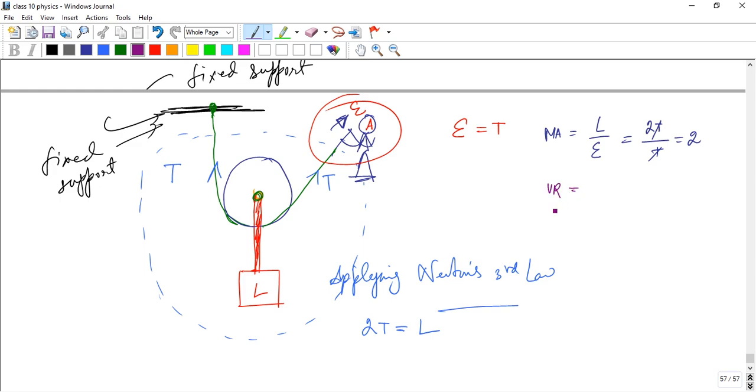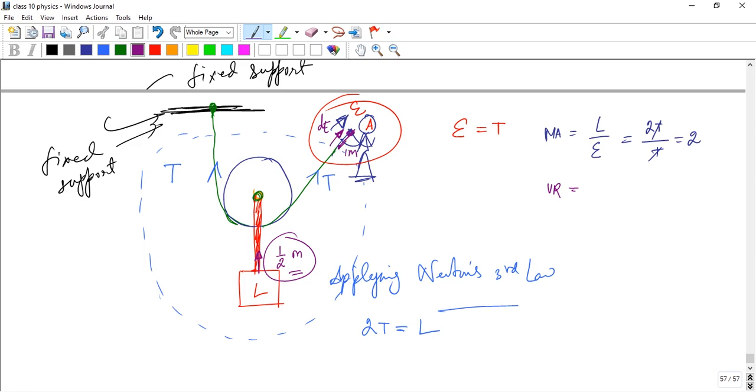See, if some person pulls the string in that direction and the displacement of the effort is 1 meter, remember that the load moves half of the effort. If the effort moves 1 meter, the load moves half a meter. Okay, that's a very important point.